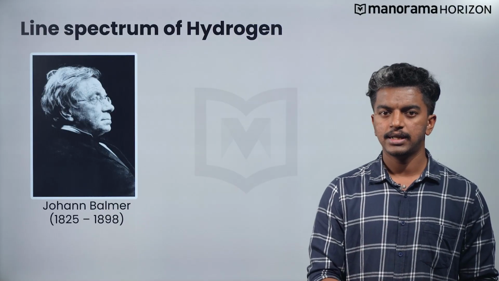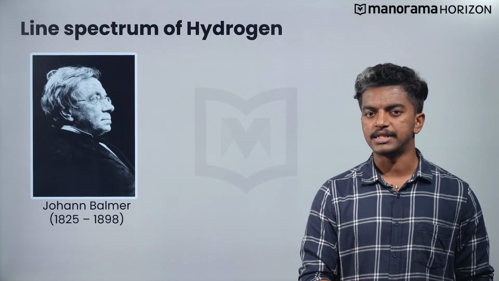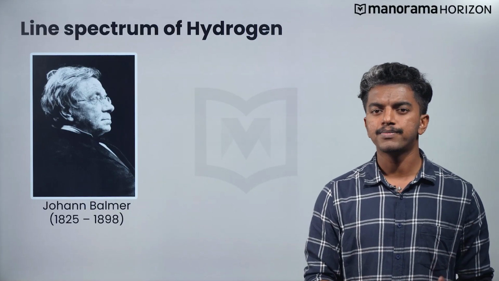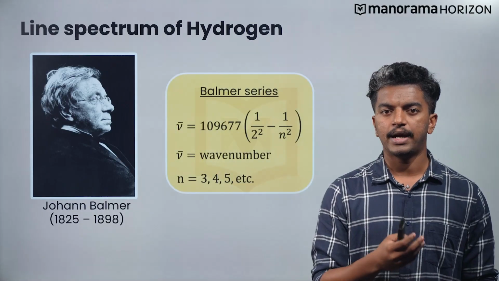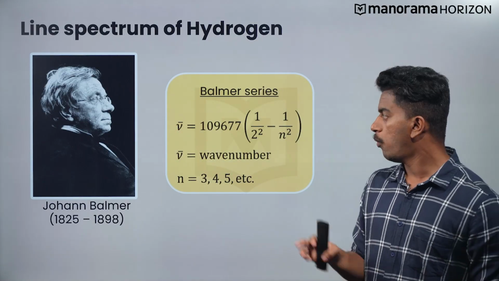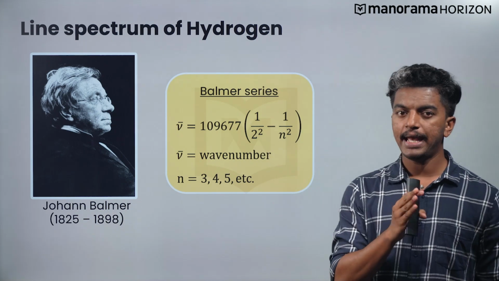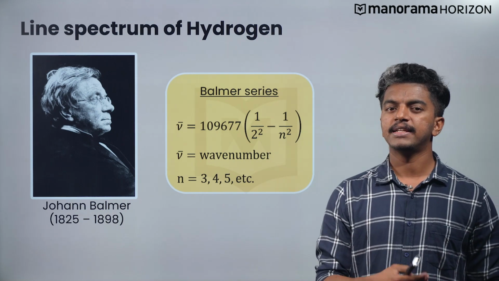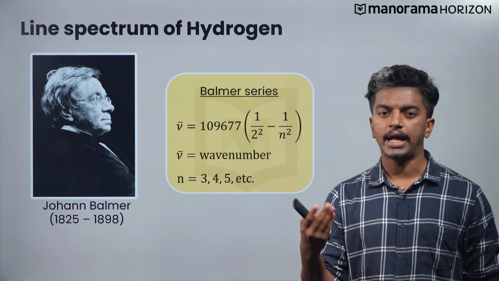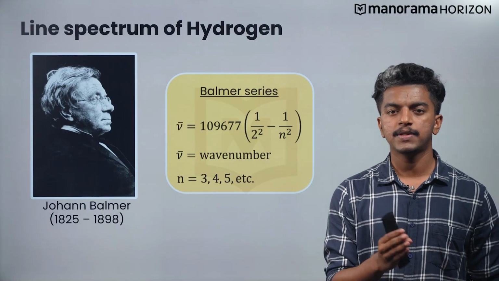The Swiss scientist Johann Balmer showed in 1885, based on experimental observations, that if spectral lines are expressed in terms of wave number, that is nu bar, then the visible lines of the hydrogen spectrum obey the following formula. Wave number nu bar is equal to 109677 into (1/2² − 1/n²), where n is an integer equal to or greater than 3, that is n equal to 3, 4, 5, etc. The series of lines described by this formula are called the Balmer series.